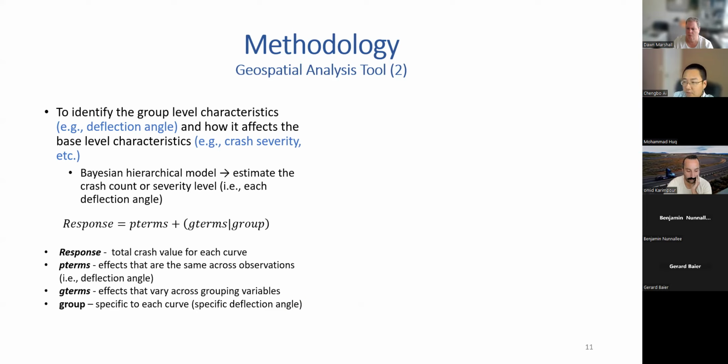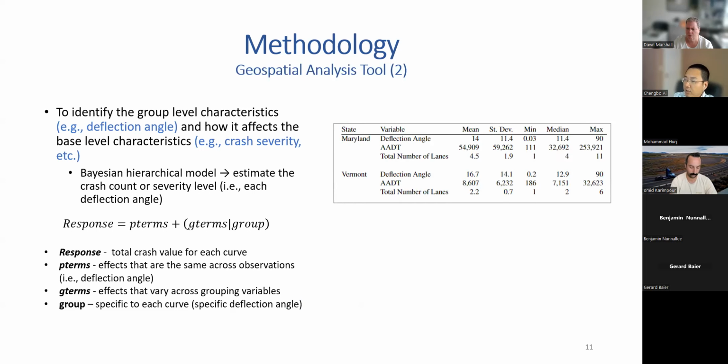For the G term, it's the effects that vary across the grouping variables. It can be something like ADT. And then the group would be each specific curve, which I want to bunch together, right? Here is a summary of the characteristics for the curves and for the ADTs.